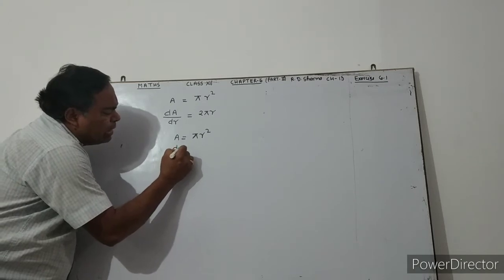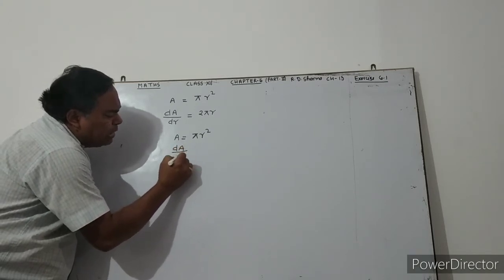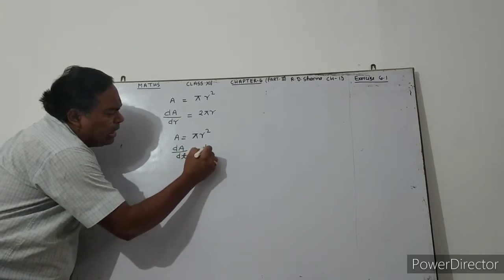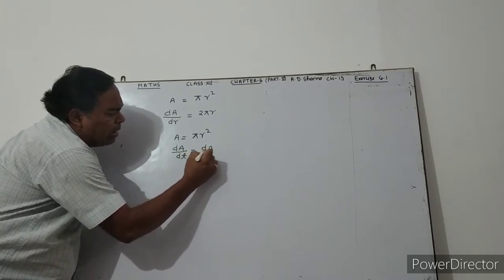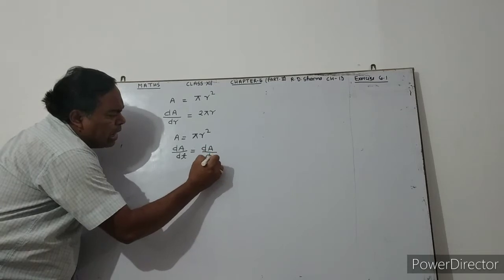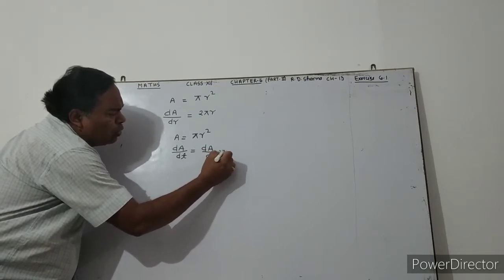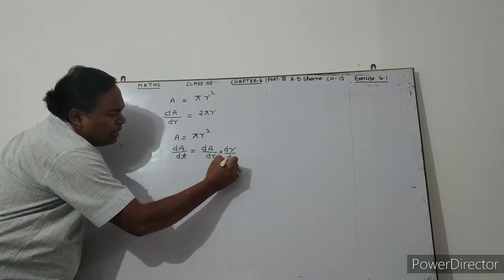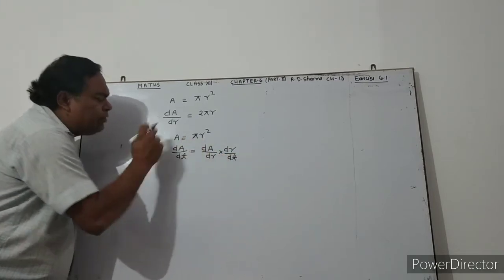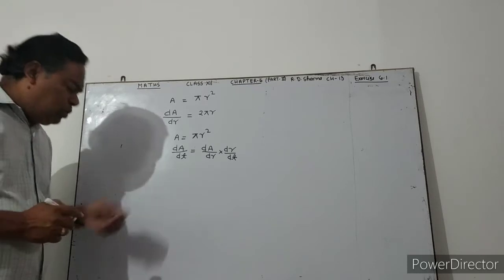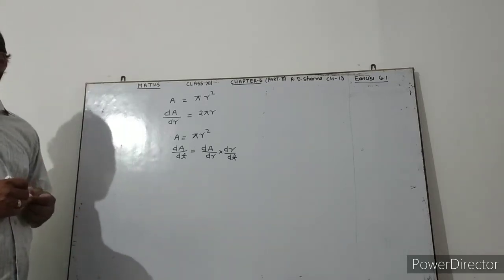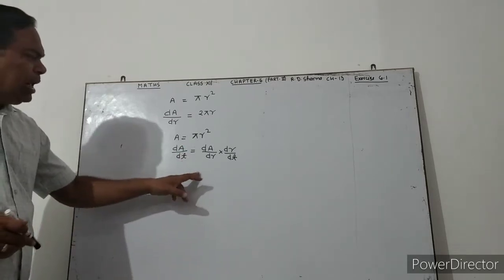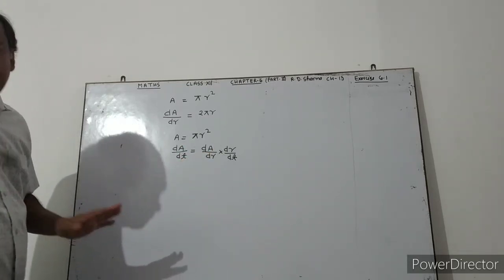What is the dA upon dt? dA upon dt is dA upon dr into dr upon dt. This is the differentiation with respect to the time. dA upon dt equal to dA upon dr into dr upon dt.